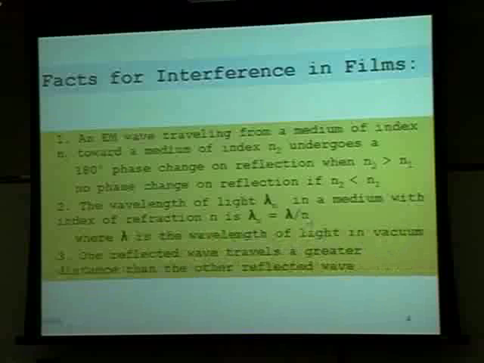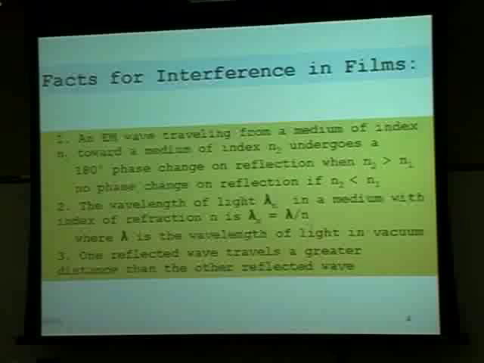And I added a third one, which might not be in your notes, but it goes along with these calculations. One reflected wave travels a greater distance than the other reflected wave. So we have a phase change due to travel distance.